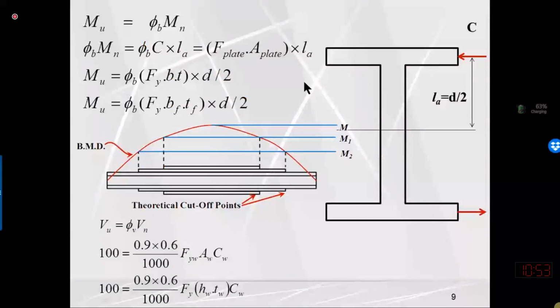This flange will fail due to yielding when the applied stress is equal to the yield stress. So we are assuming that the failure stress in the flange plate is equal to the yield stress. The area of the flange plate is equal to the width of the plate into the thickness of the plate, so we can write Fy bf tf, and the lever arm is equal to d by 2. Now if we substitute this phi b Mn value, we can equate the applied bending moment with this equation.